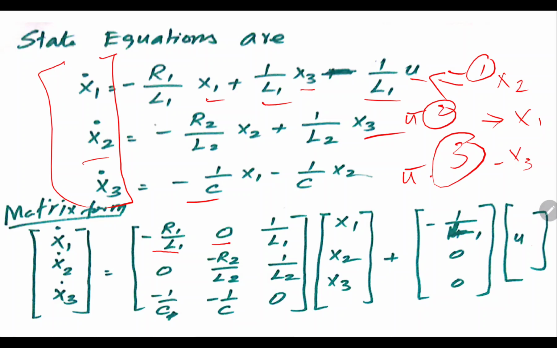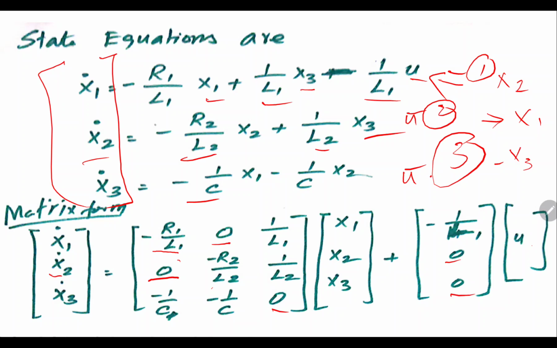In the second equation, x2 dot, x1 is missing, so the first element is 0, the second element is minus R2 by L2, the third element is 1 by L2, and u is missing, so it's 0. In the third equation, the x1 coefficient is minus 1 by c and the x2 coefficient is minus 1 by c, x3 is missing so it's 0, and u is also missing, so it's 0.